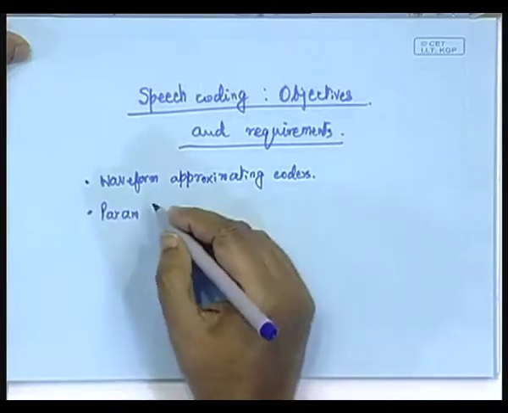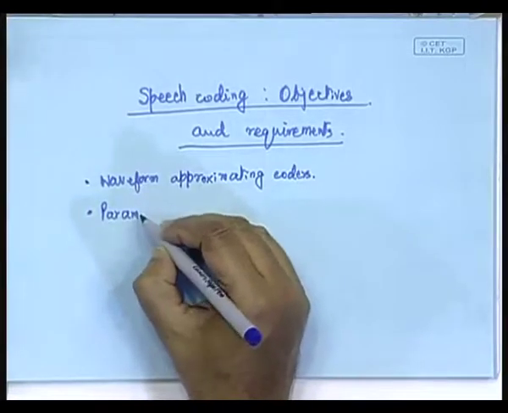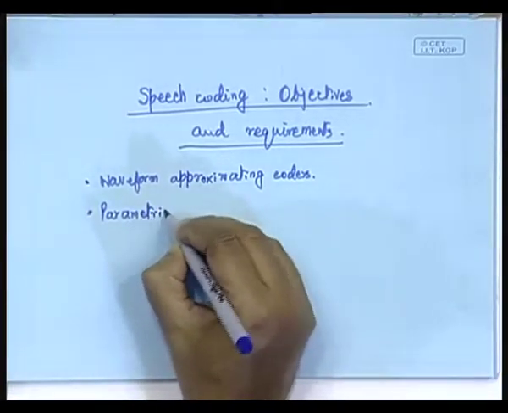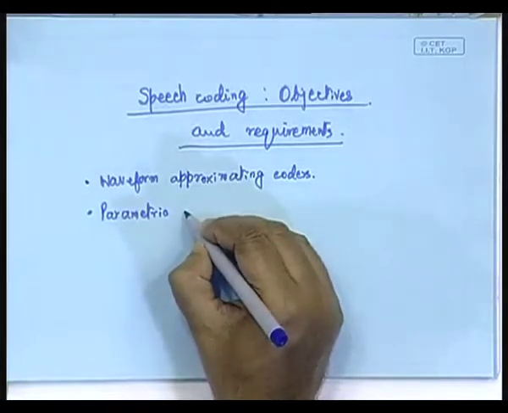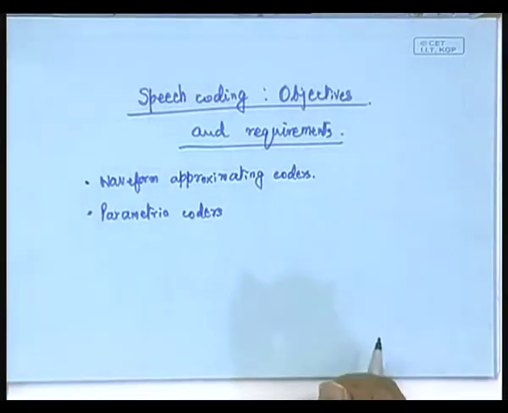One form of parametric coder is the channel vocoder, which I just now described, but there are other advanced parametric coders which have been developed to date, and many of these parametric coders are highly efficient and capable of producing a natural sound. I mean, it can produce something very close to natural speech signals, and that is why it is very popular.